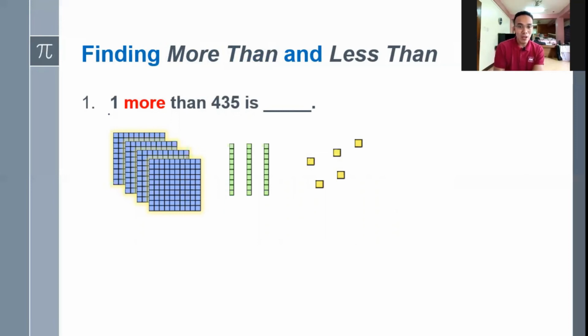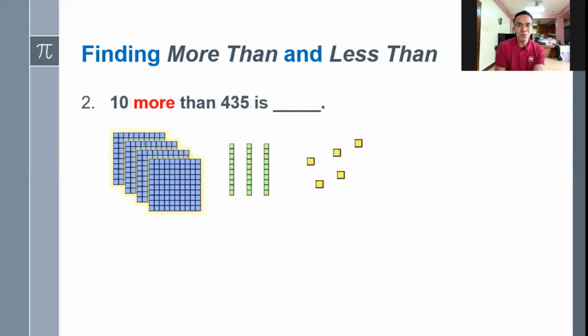You're going to add 1 more. 1 more means you're going to add 1 one. So you're just actually adding 1 to 5. So what number is formed now? It's 436. Remember, only the ones value is affected.